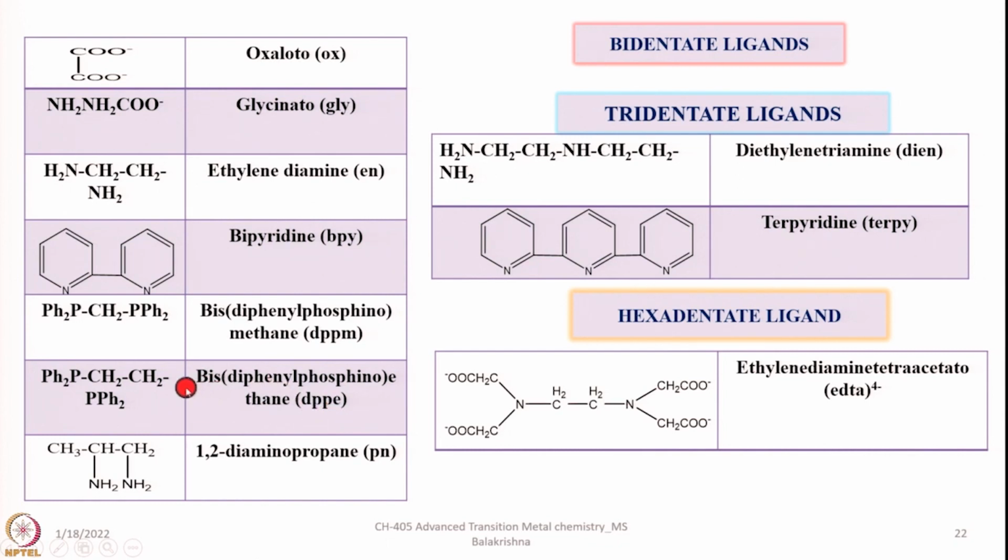The correct name should be 1,2-bis(diphenylphosphino)ethane, because 1,1-bis(diphenylphosphino)ethane is also there, and 1,2-diaminopropane. Among tridentate ligands, we have diethylenetriamine and terpyridine, and also a hexadentate ligand called EDTA, ethylenediaminetetraacetic acid.